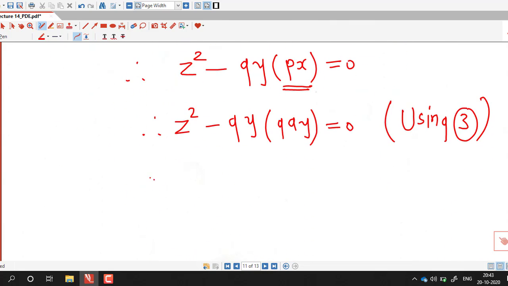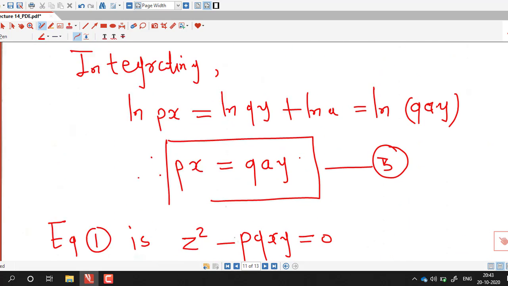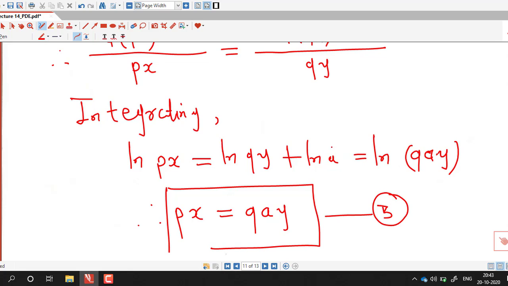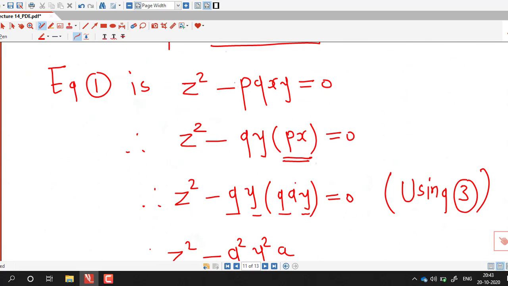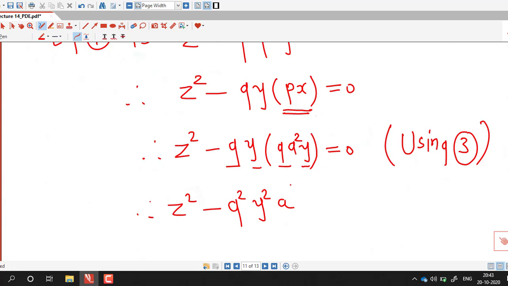So from this I will be able to find out value of small q. This is nothing but q into q, q square, y into y, y square, and this is small a. So it is better we may write log a square here. Constant of integration can be adjusted as we wish. So to avoid square roots, we replace this by a square. Okay, so here I write a square. Here also I write a square.